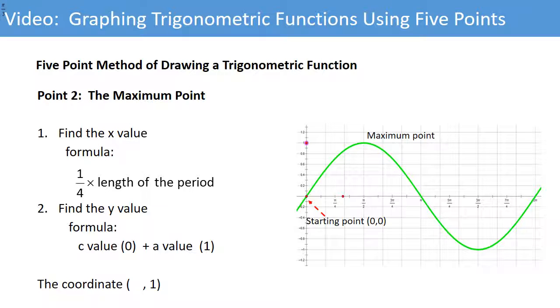So 1/4 of 2 pi is pi over 2, and 0 plus 1 is 1. So the coordinate of the maximum point is pi over 2, 1. Does this match our diagram? Yes. For x we went over pi over 2, and for y we went up 1. Perfect.